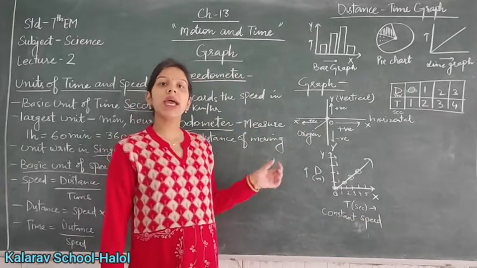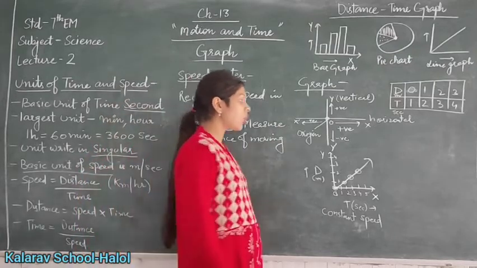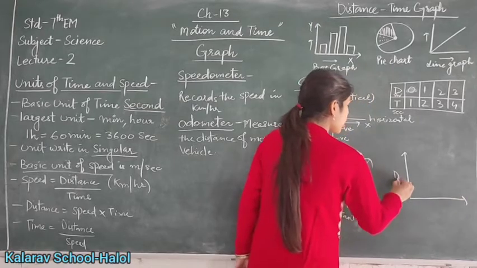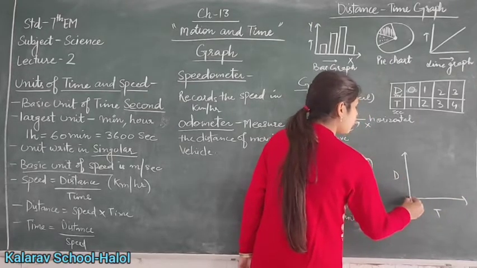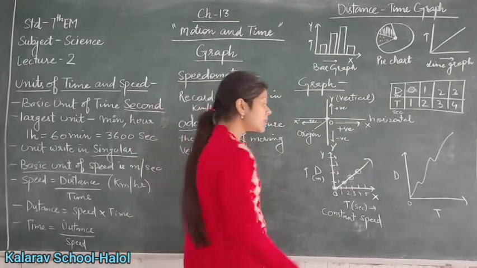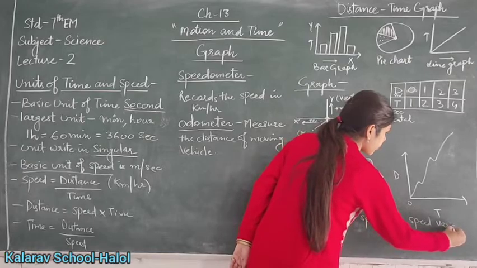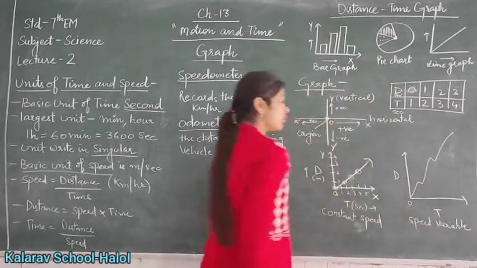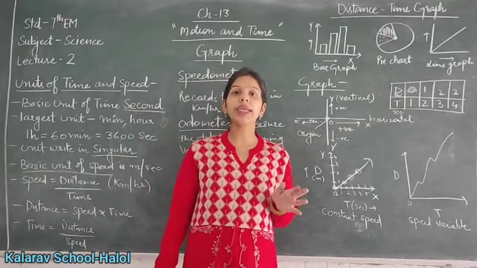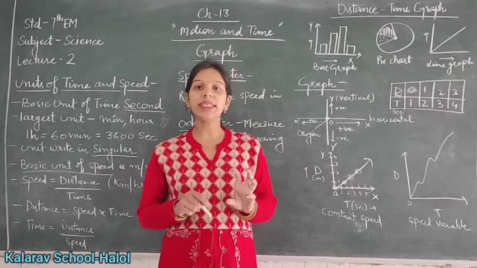If the graph is not a straight line, then the speed is variable. So the distance time graph is very important for knowing the speed of any object at a particular instant.